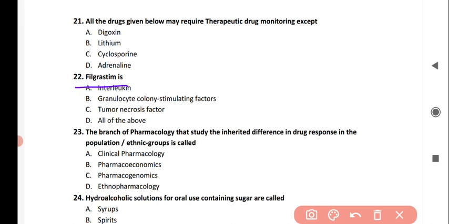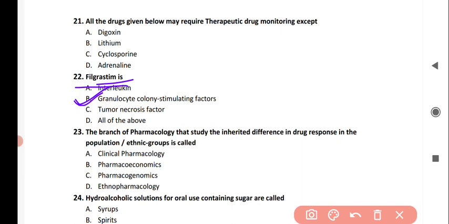If I'll talk about the neutropenia, so neutropenia is simply when the white blood cells are decreased in number, and filgrastim helps the bone marrow to make more white blood cells. So option B will be correct, that is, filgrastim is a granulocyte colony stimulating factor.